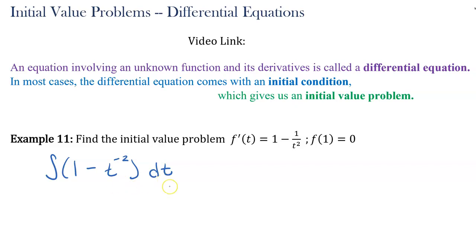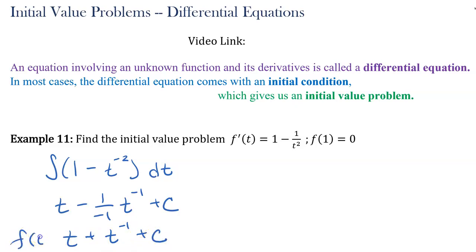And we can apply the integral power rule, and that will give us t, and then we're going up a power and dividing by that power, so minus up a power, negative 2 plus 1 is negative 1, so negative 1 t to the negative 1 plus c, which will give us t plus t to the negative 1 plus c. So that is our original.